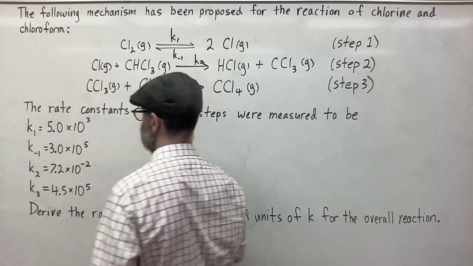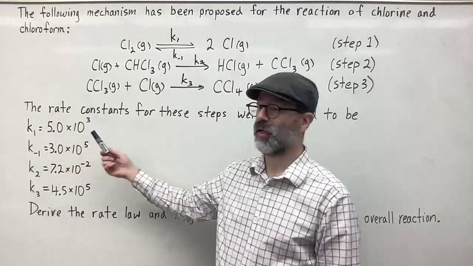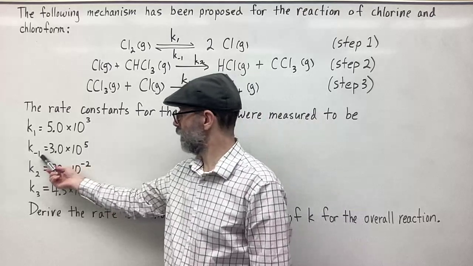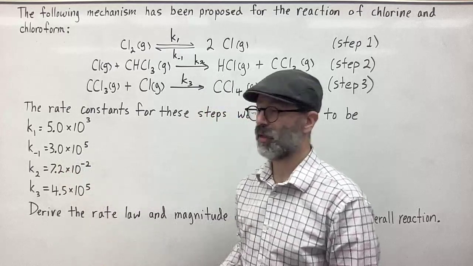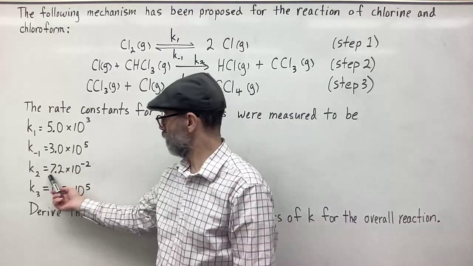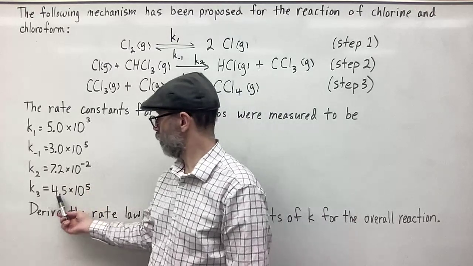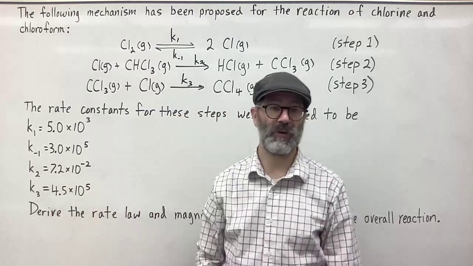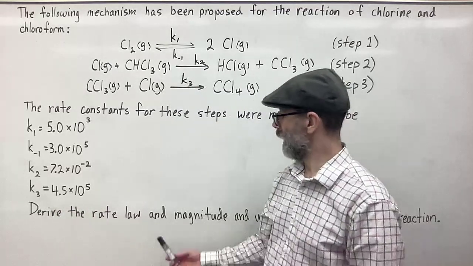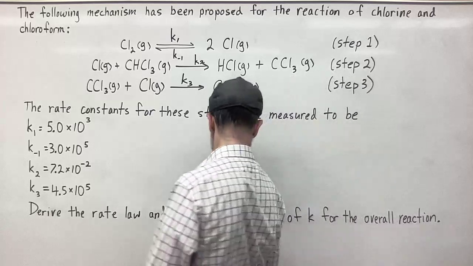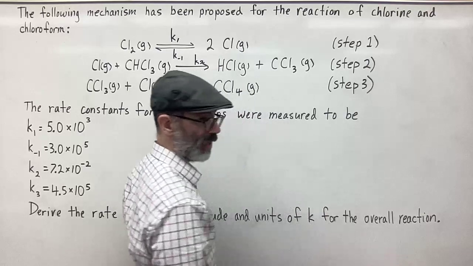And so the information we're given is that K1 is 5.0 times 10 to the third, and K minus 1 is 3.0 times 10 to the fifth, and K2 is 7.2 times 10 to the negative 2, and K3 is 4.5 times 10 to the negative 5. And so they ask us, derive the rate law and magnitude and units of K for the overall reaction.